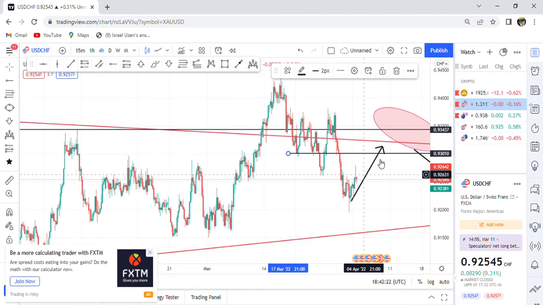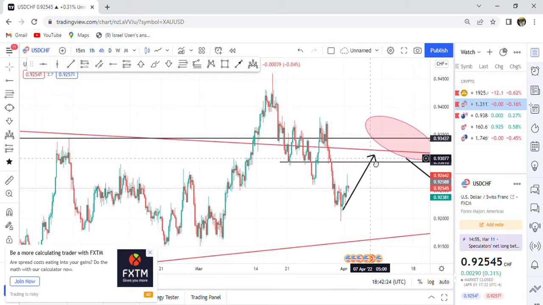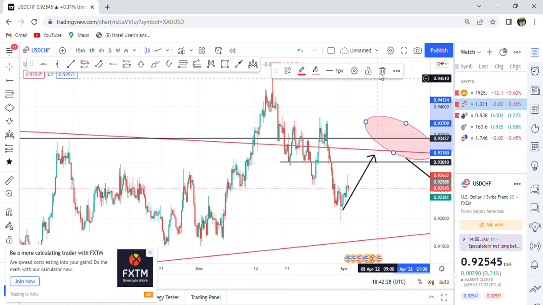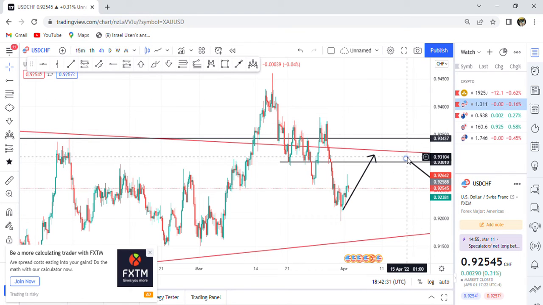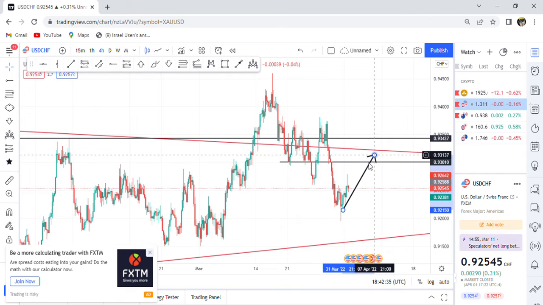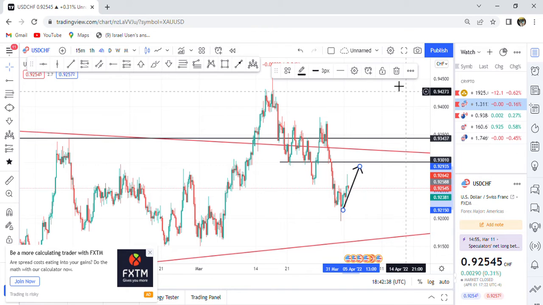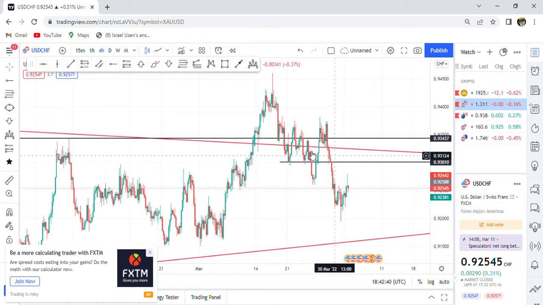So expecting this move from the lower time frame. We can see where our entries are, because that's where we make our entries, from the lower time frame. Price will push to this point, and then we take our sell position. Advisable to take the sell, not the buy. So I'll rather wait and take my sell for that pair.